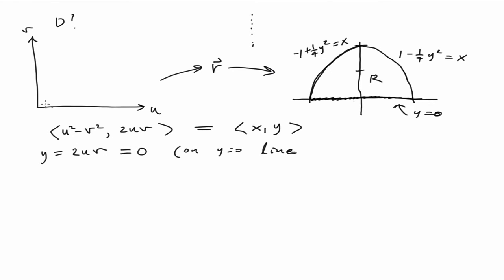How many ways are there in the UV plane to make y equals 0? So clearly, there's many ways to do it. We see here that if u is 0, then y is 0, and if v is 0, y is 0.